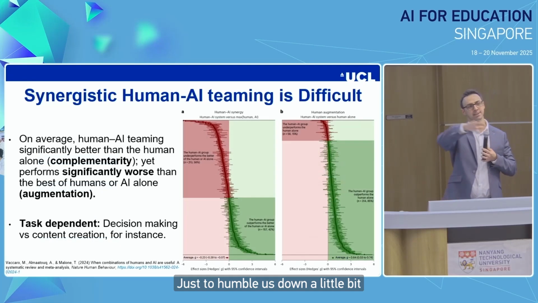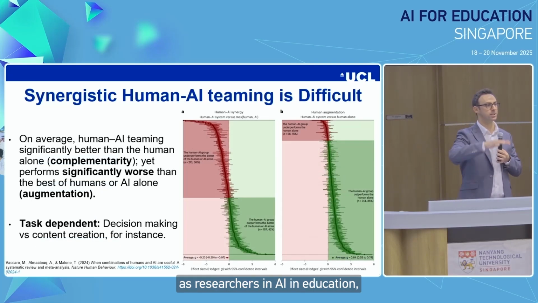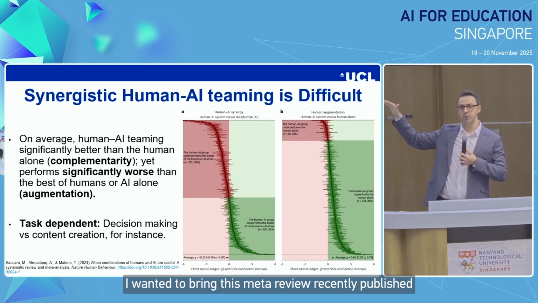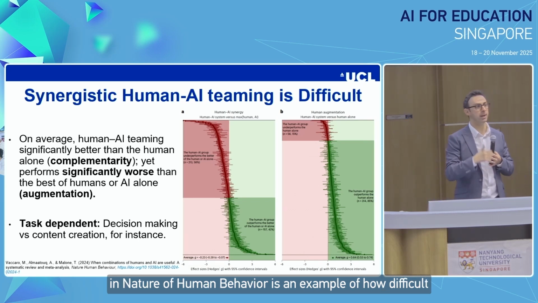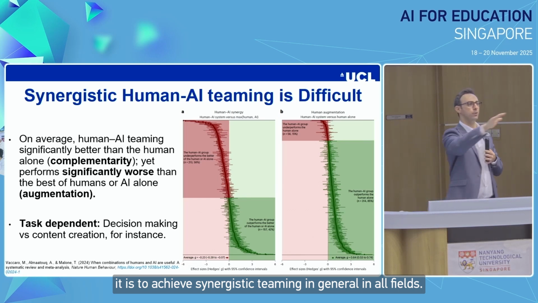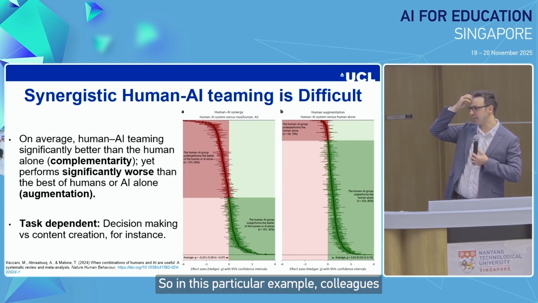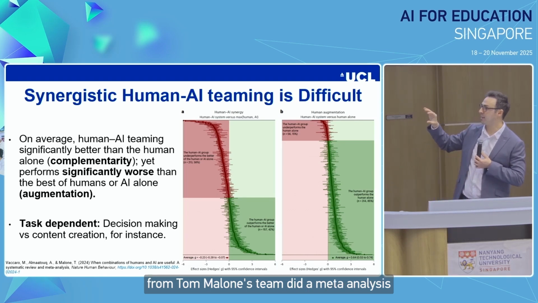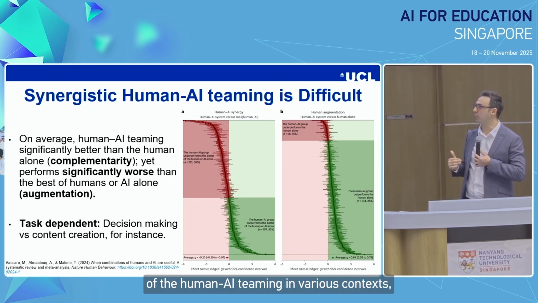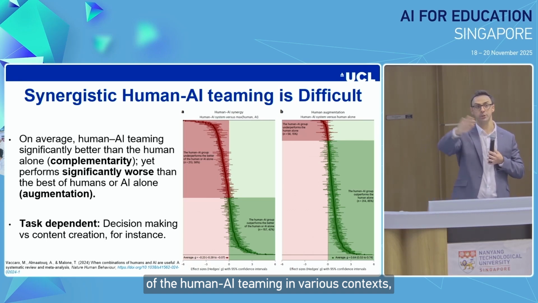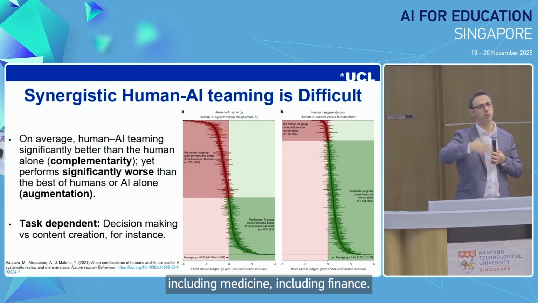Just to humble us down a little bit as researchers in AI in education, I wanted to bring this meta-review recently published in Nature Human Behaviour as an example of how difficult it is to achieve synergistic teaming in general in all fields. So in this particular example, colleagues from Tom Malone's team did a meta-analysis of human-AI teaming in various contexts, including medicine, including finance.